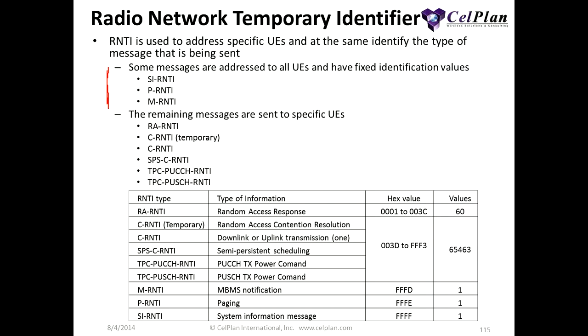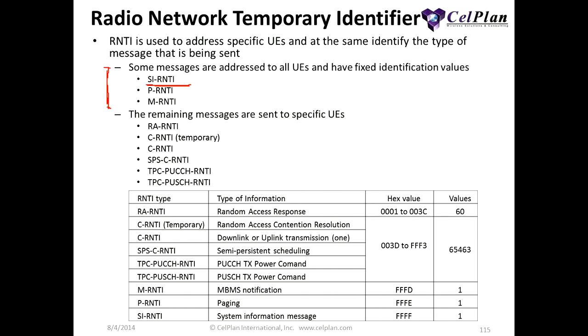Some identities are what we call broadcast identities, and they apply to all the UEs. So all the information about the system information is coded by the identity code SI-RNTI.